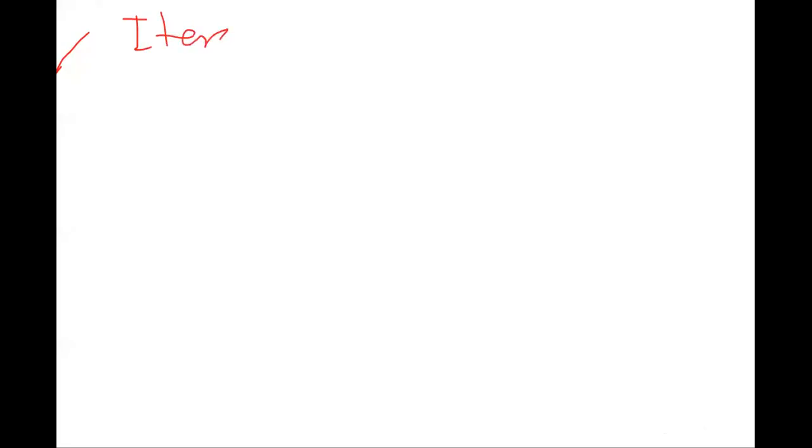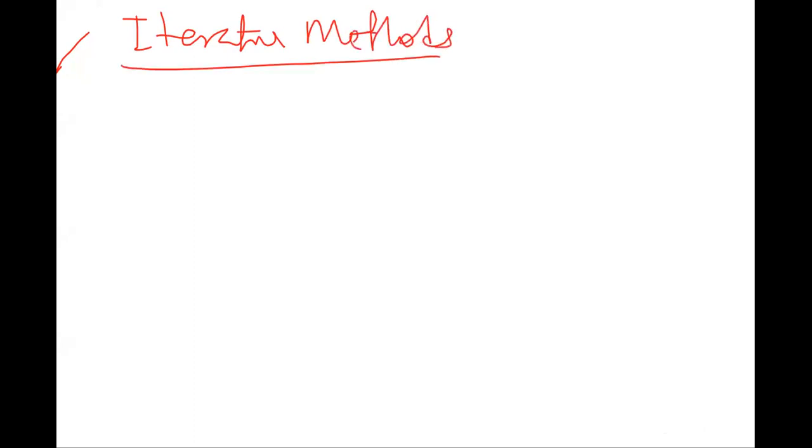So let's go to iterative methods now so that you have an idea, and come back to the QR algorithm when we come to eigenvalue problems again.